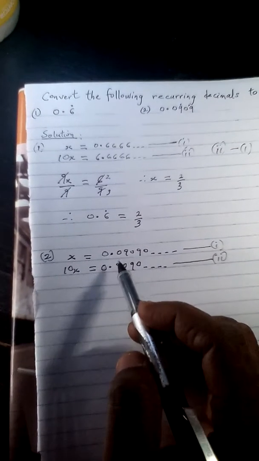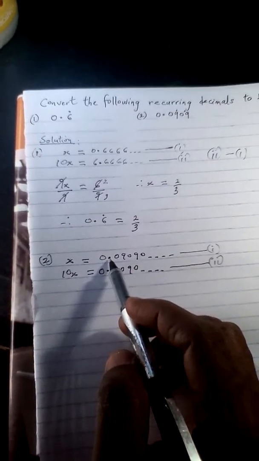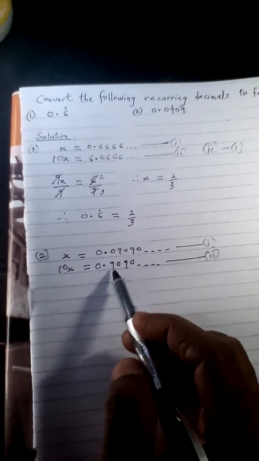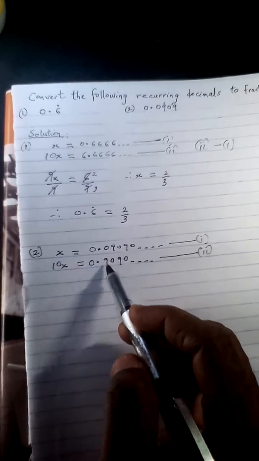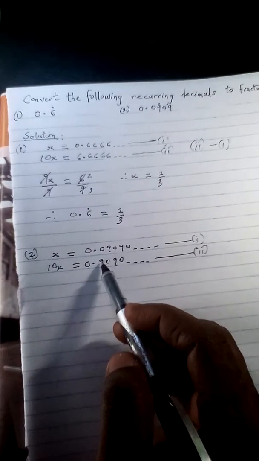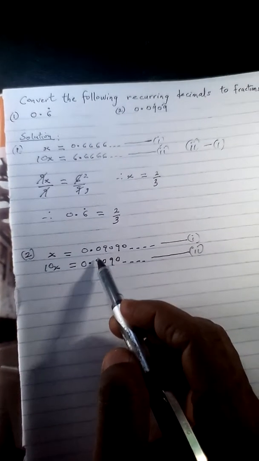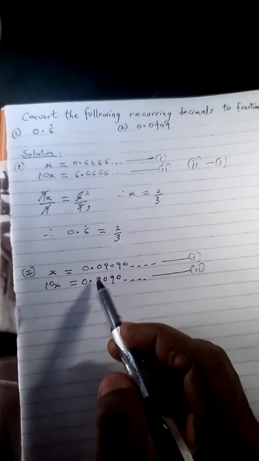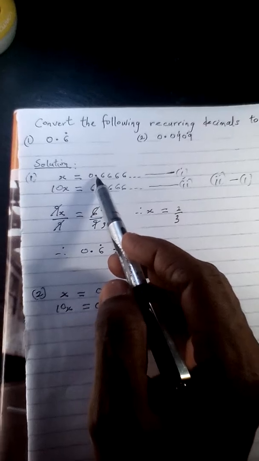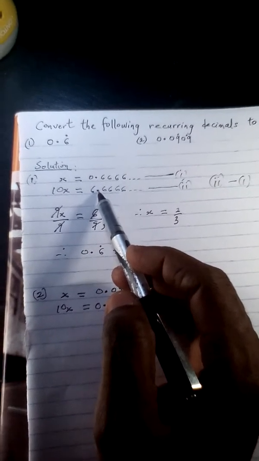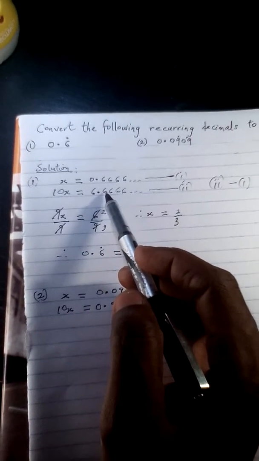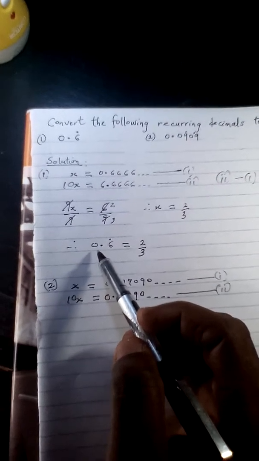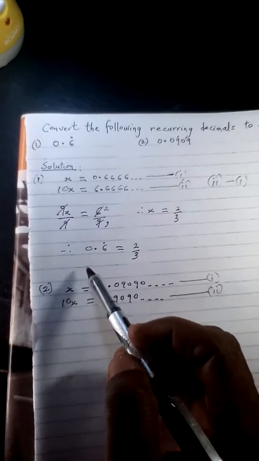Now if you observe very well, immediately after this decimal point we have 0. Immediately after this decimal point we have 9. These are different numbers, so we can't use two of them. Unlike the first one we did, immediately after this decimal point we have 6 and immediately after this we have 6. We must have the same number immediately after the decimal points for us to subtract one equation from the other.